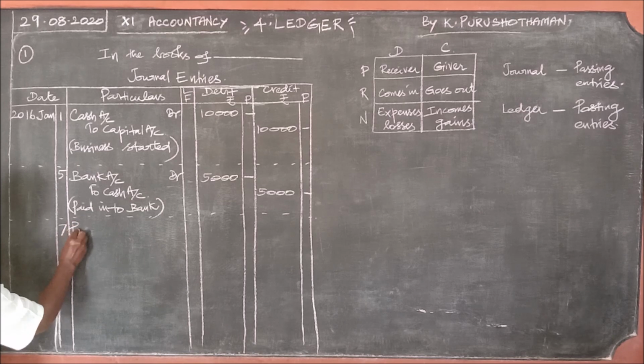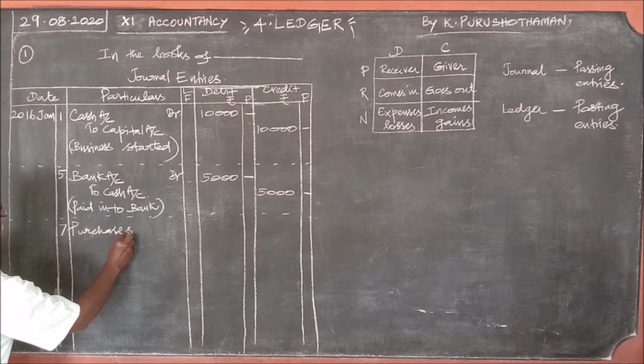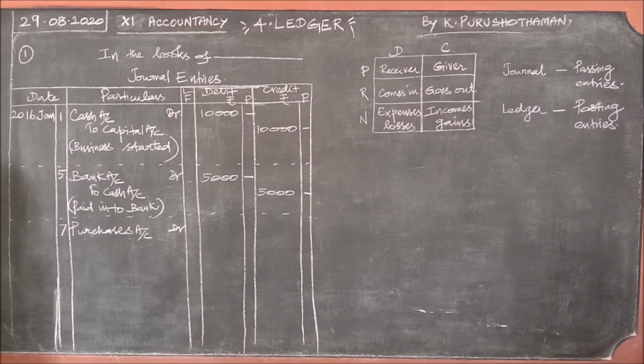Here, on accountancy principle, we should remember, if goods are purchased, purchases account debtor. Actually, with the normal rule, you may think goods account debtor, but this accountancy principle does not permit writing goods account at all. Instead, if goods are purchased, you should write purchases account.